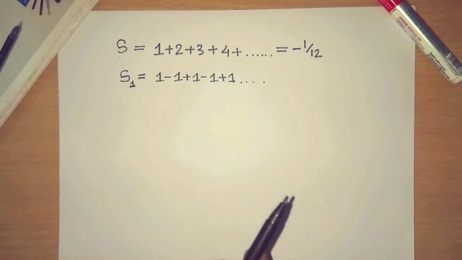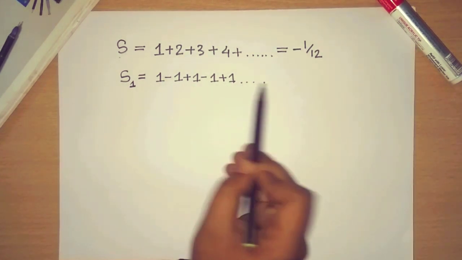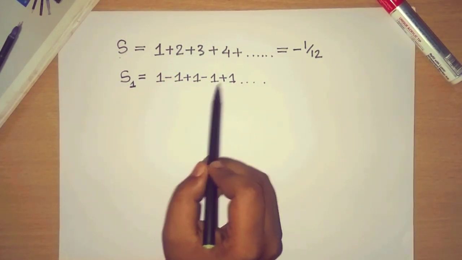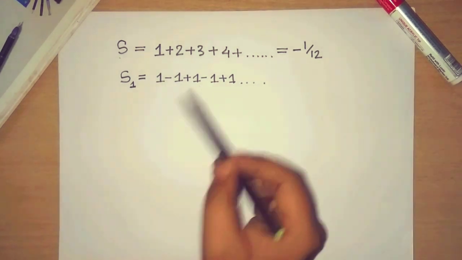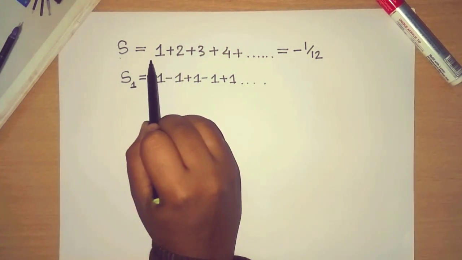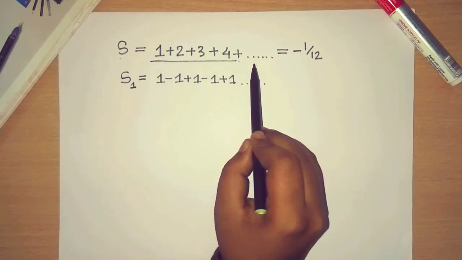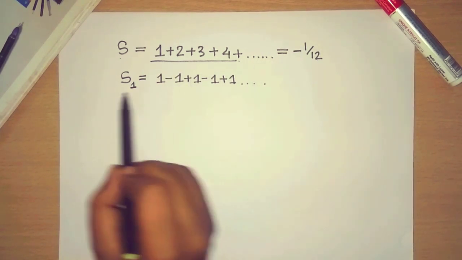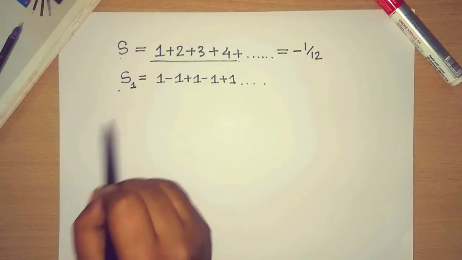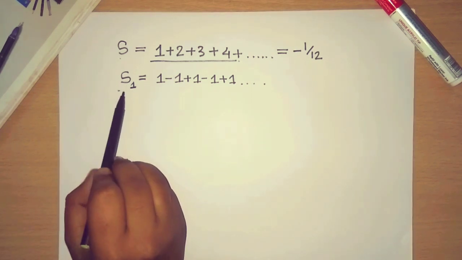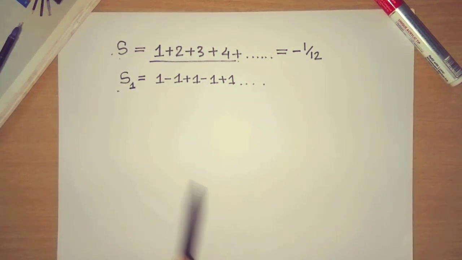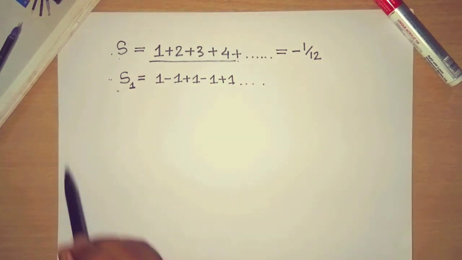Let me clarify that this is a mathematical assumption, a step which we are doing so that we can prove that when all the natural numbers are added, it is equal to minus 1 by 12. This is a corresponding step that we are going to perform so that we can prove this.